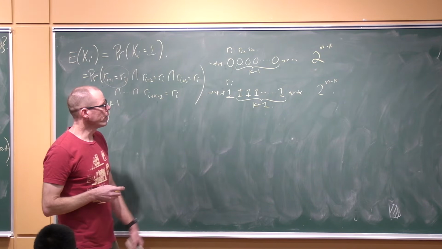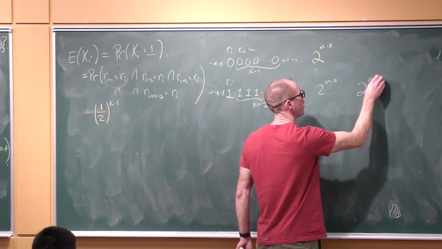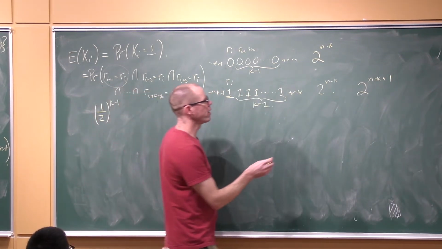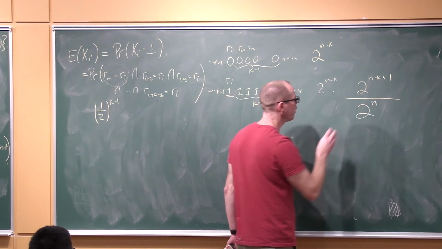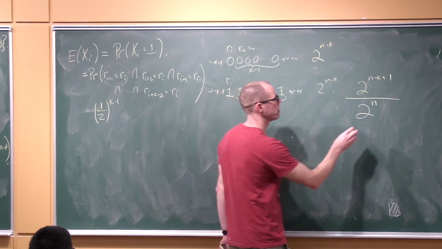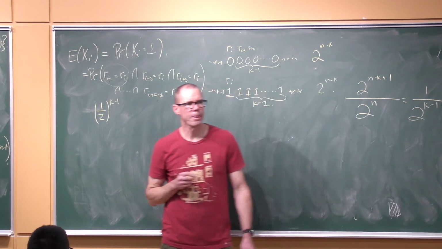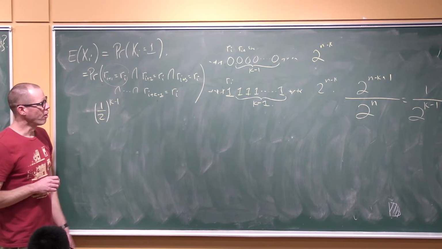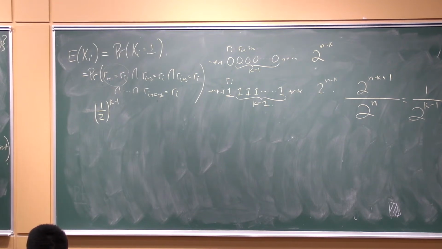So in total, the number of bit strings that look like this or look like this is 2 to the n minus k plus 1. And the probability that we get one of those bit strings is that thing over 2 to the n, the number of bit strings, which is 1 over 2 to the k minus 1. So there's different ways we can proceed depending on whether we prefer to use probability or just straight up counting, but we'll get the same answer both ways.